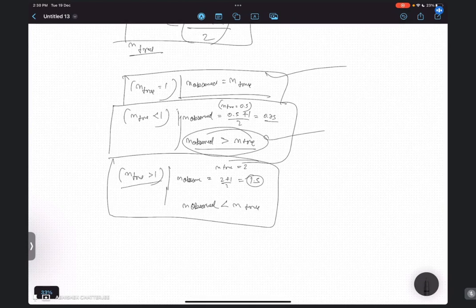And if the order of the reaction is greater than 1, then n observed will be less than your n true. यहाँ तक क्लियर है? बताओ। ठीक है ना, यहाँ तक क्लियर है ना?